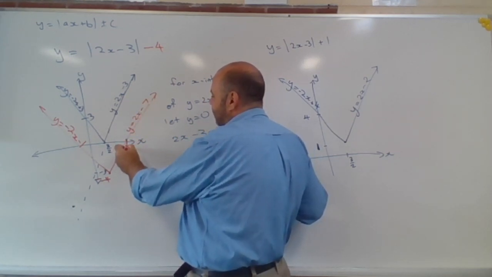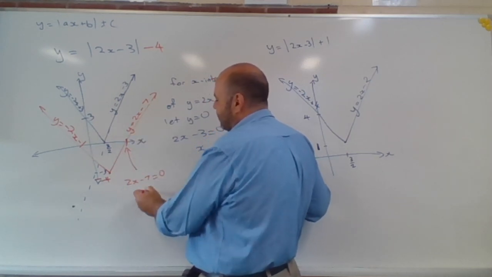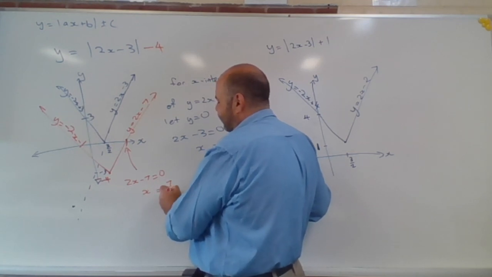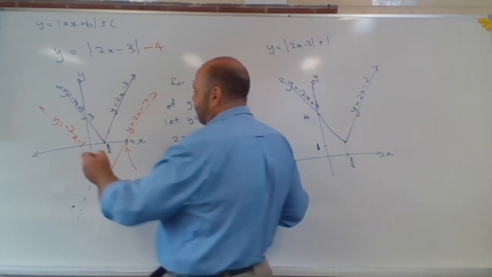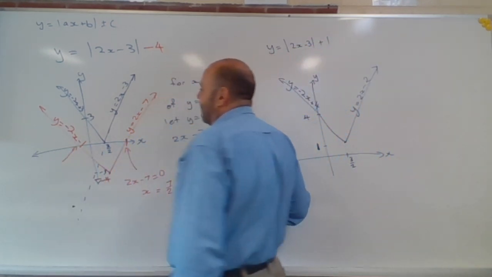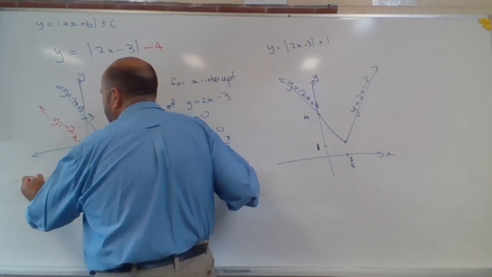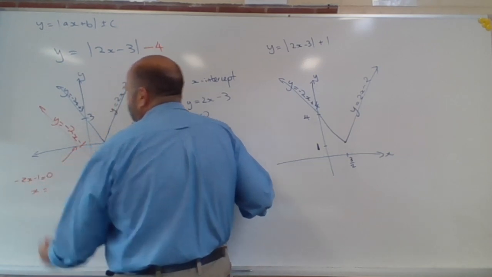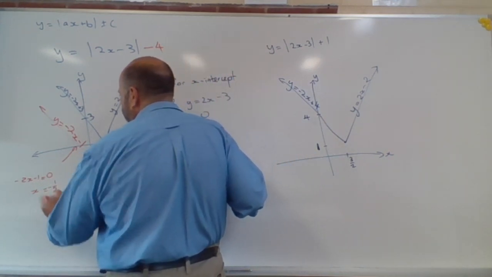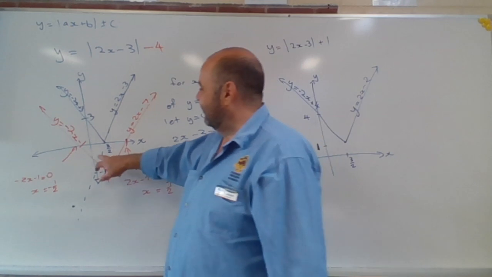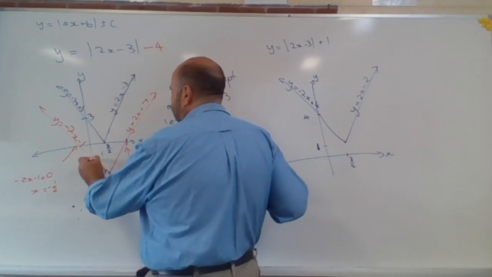To find this x-intercept, I let y equals 0, so 2x minus 7 is 0. In other words, x is 7 over 2, or 3.5. To find my x-intercept over here, I let y equals 0 over there, so I've got minus 2x minus 1 equals 0. If I rearrange that, I end up with x equals -0.5. And then the y-intercept here is very simple, it's just the constant term there. So my y-intercept is -1.